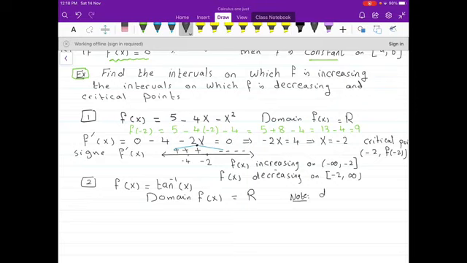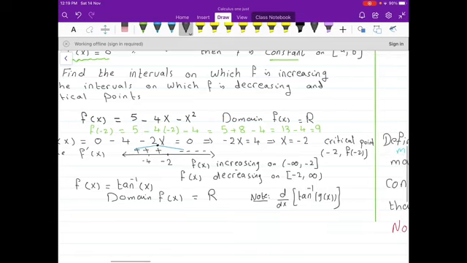According to the rules of differentiation, d by dx of tan inverse g(x) is g prime x over 1 plus g(x) squared. Recall that from the rules of differentiation.